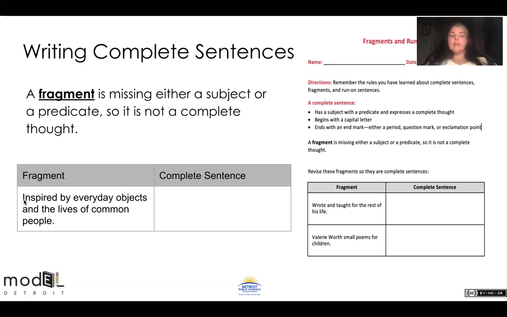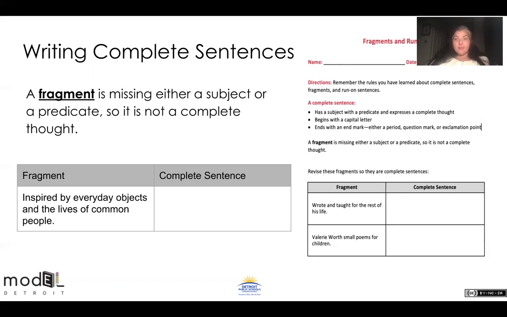Well, I know that this right here does have a capital letter and it does have an end mark, but that's not the only thing that makes a complete sentence. It also says a complete sentence has a subject with a predicate and expresses a complete thought. I do not have a subject in this fragment. I don't know who was inspired. It doesn't tell me. It just says inspired by everyday objects.